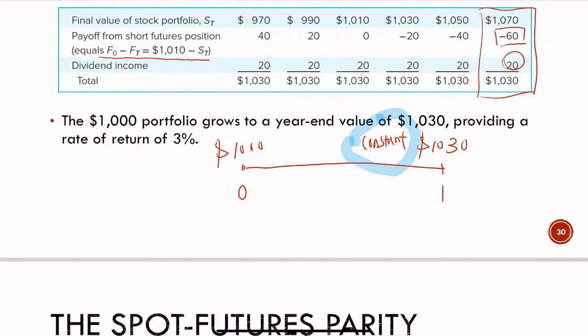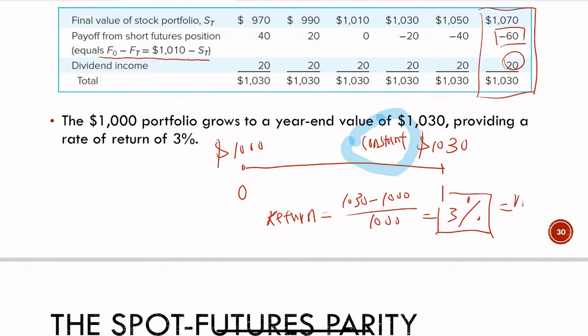So this implies that because you're having this constant payoff, your return from your hedging portfolio would be the difference in value divided by the initial value, which is 3%. Now, this 3% has to be the same as the risk-free rate, because this $1,030 is risk-free.